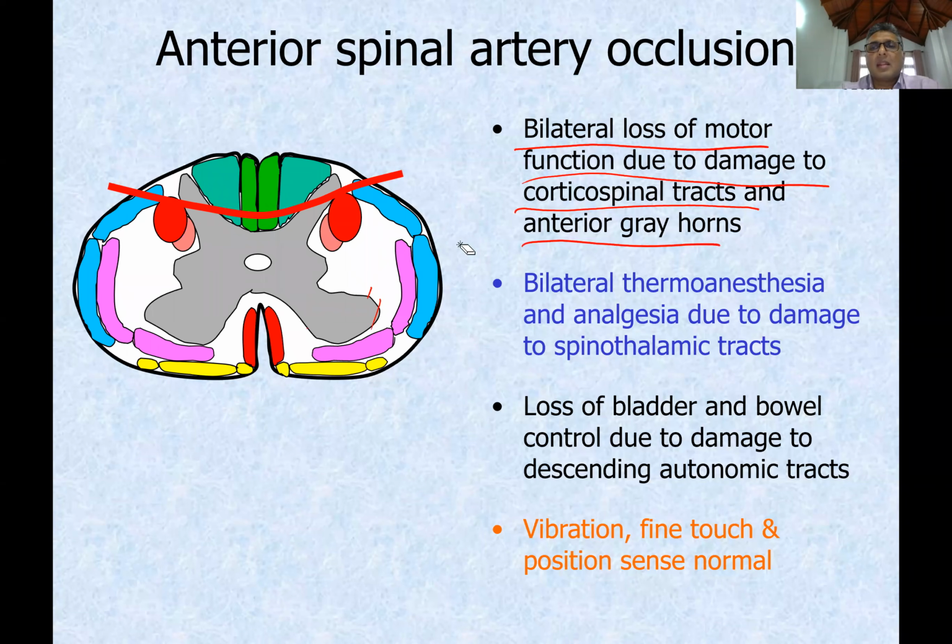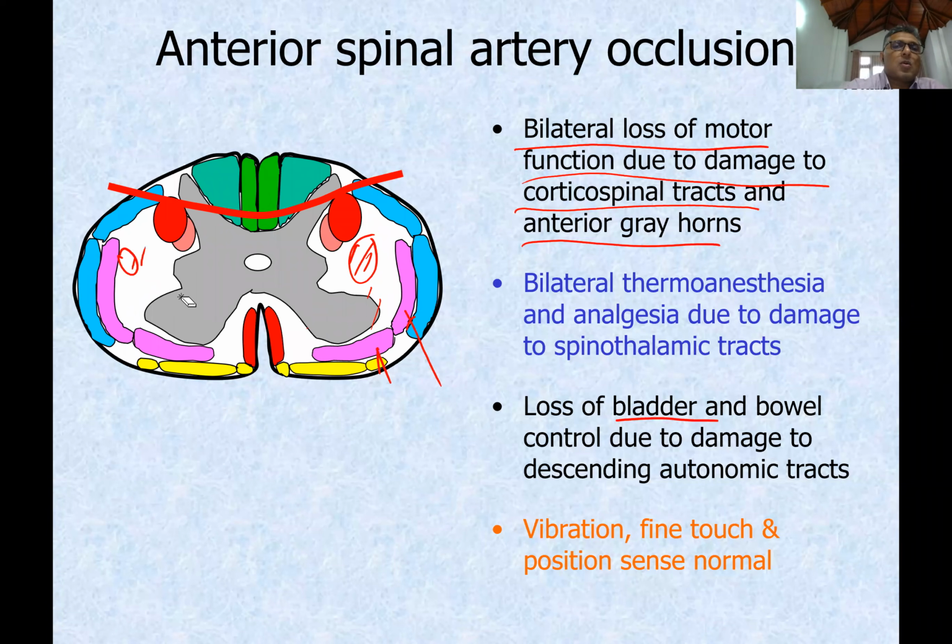Then you can have bilateral thermoanesthesia and analgesia due to damage to the spinothalamic tracts, and loss of bladder and bowel control due to damage to the descending autonomic tracts, the sympathetic and parasympathetic descending tracts that run in that area. Therefore you get effects on bladder and bowel control.